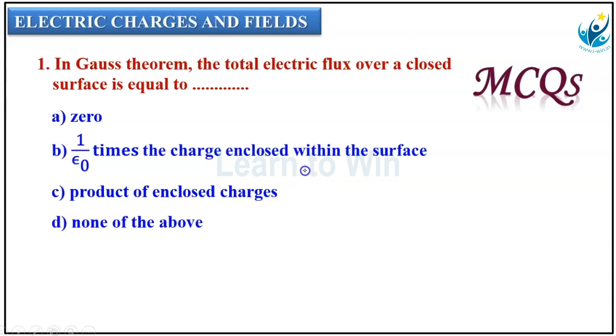According to Gauss theorem, the total electric flux over a closed surface is equal to 1 by epsilon naught times the charge which is enclosed in that surface. So the correct option is B.